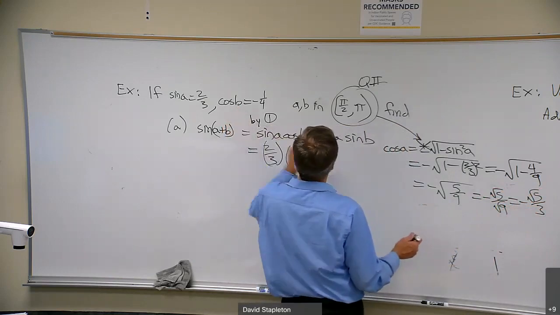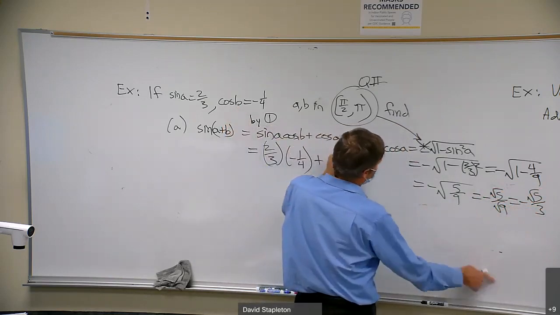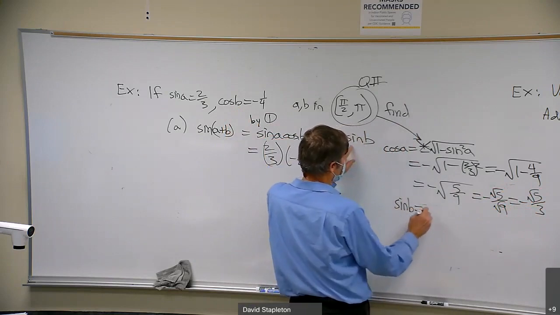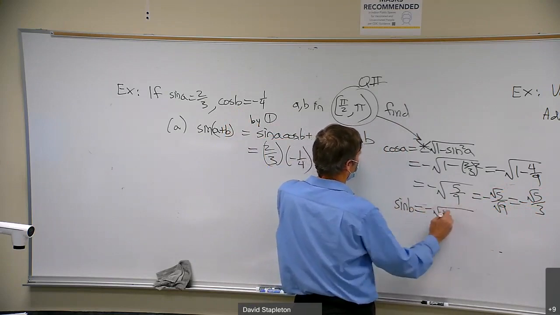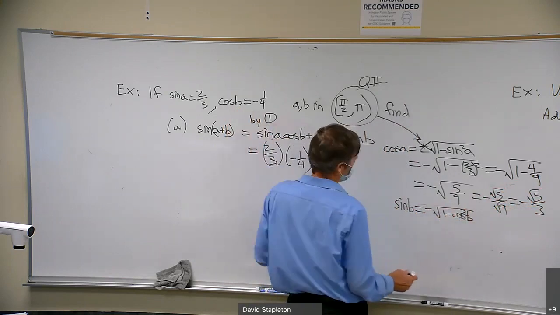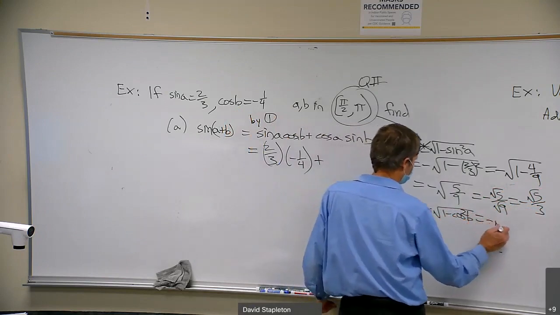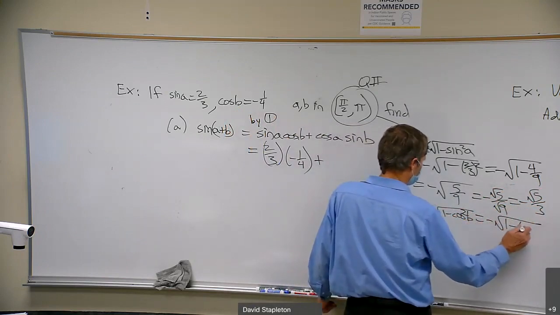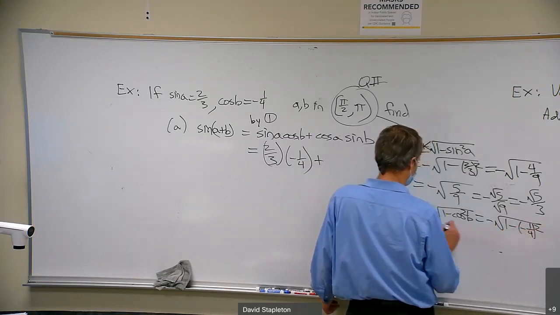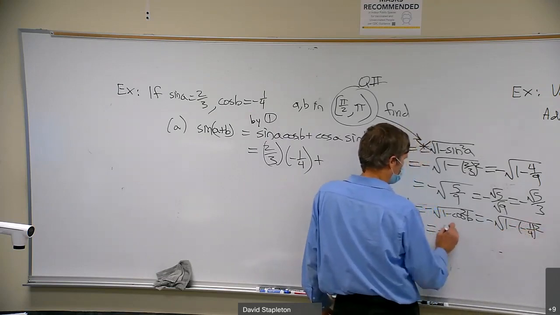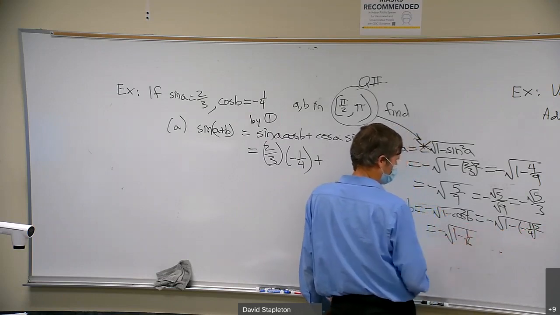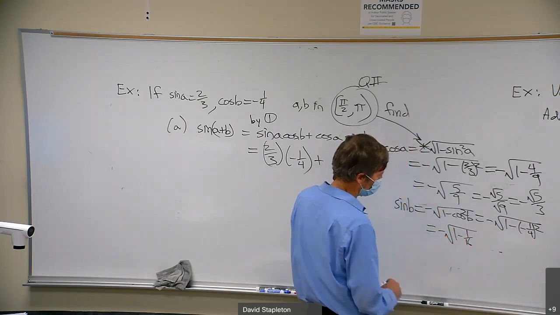Similarly, I need to find sine B, but I'm not given it. I can do the same thing by the Pythagorean identity solved for sine. Sine is minus the square root of 1 minus cosine squared. And I know cosine is minus 1/4. So this is minus the square root of 1 minus minus 1/4 squared. Well, it's minus the square root of 1 minus 1/16, since minus 1/4 squared is plus 1/16.